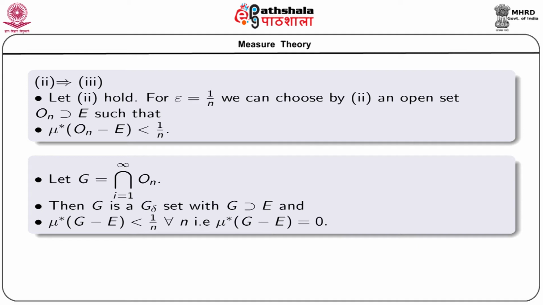If we take n tends to infinity, then we get that mu star of G minus E should be equal to 0.